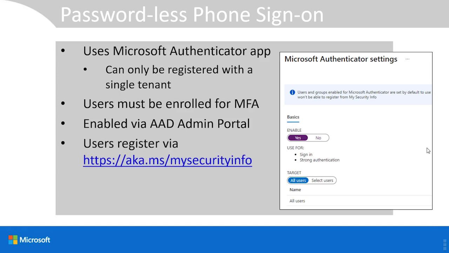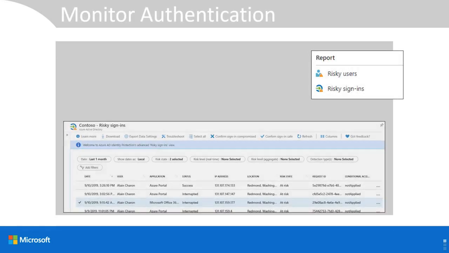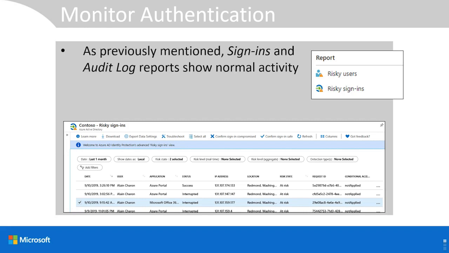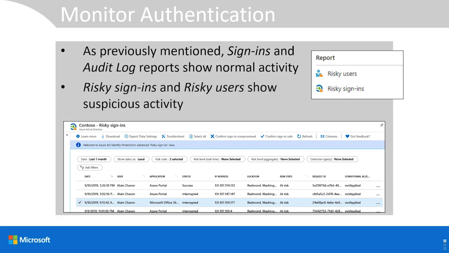As an admin, of course you're going to want to monitor authentication in your tenancy. And as we've already mentioned, sign-ins and audit log reports show normal activity. However, the risky sign-ins and risky users reports, which are part of Azure Identity Protection, show suspicious activity.